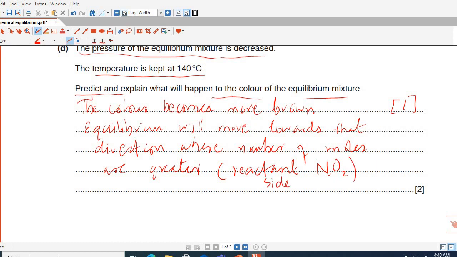So this is the answer. Then from this you will get 1 mark, so there will be 2 marks for this question, right?